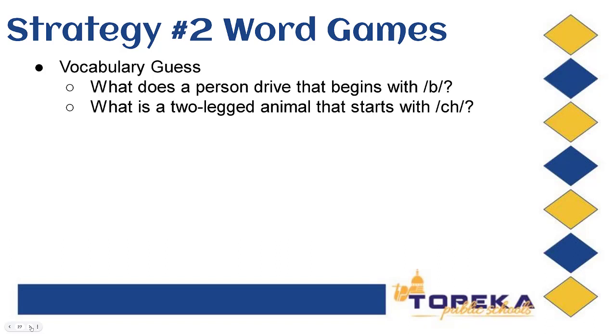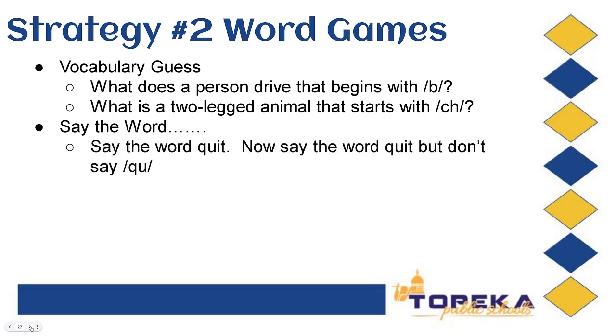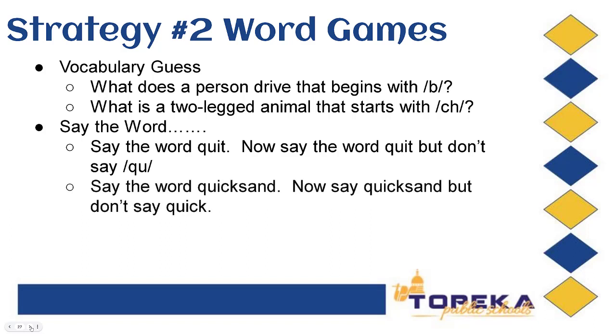What's a two-legged animal that starts with ch? They would say chicken. All right, say the word quit. Now say the word quit, but don't say the qu. What do you have left? Say the word quicksand. Now say quicksand, but don't say quick. And students would respond sand.